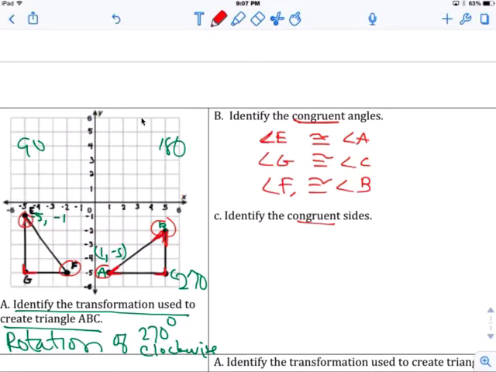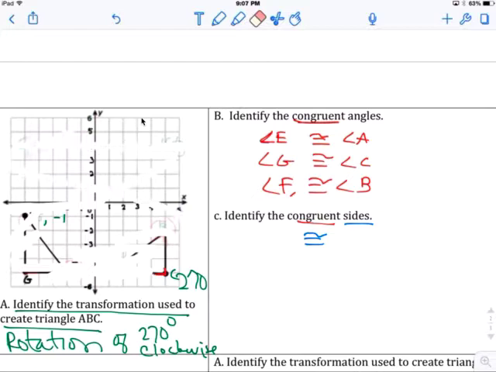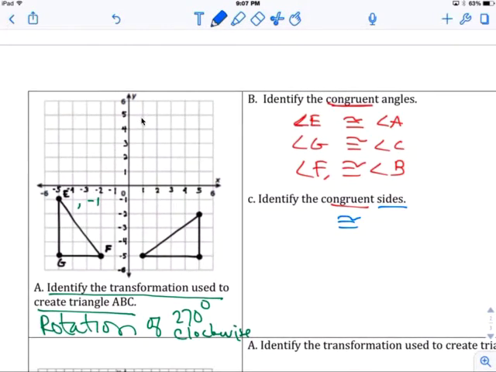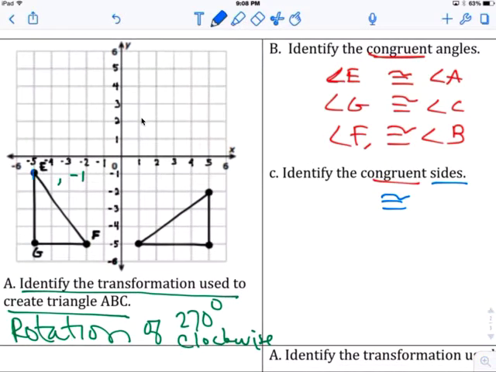Congruent sides, let's use the symbol instead of writing congruent. Here's side. Let's go, EG, that's the symbol for side. Side EG is congruent to side AC, right?